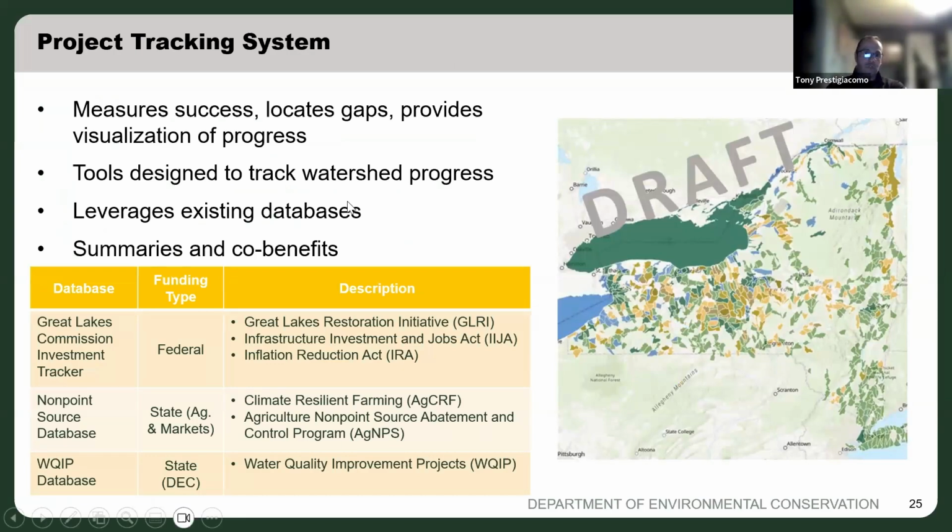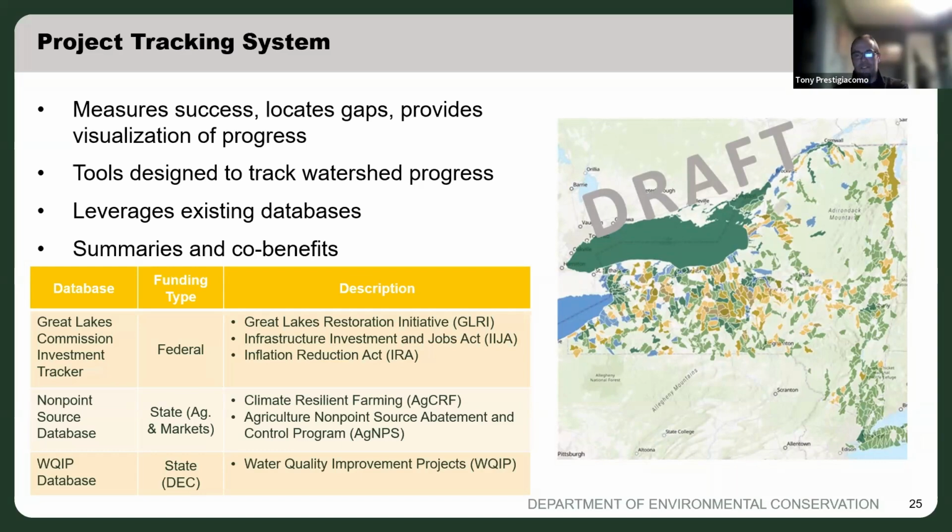Project tracking and moving forward. This also says draft, you'll notice, but we in the Finger Lakes program with our other Vision of Water partners and other state partners like Ag and Markets, we're working to build better tracking of what's going in where in the state. And so what you're seeing on the right is a draft of that.